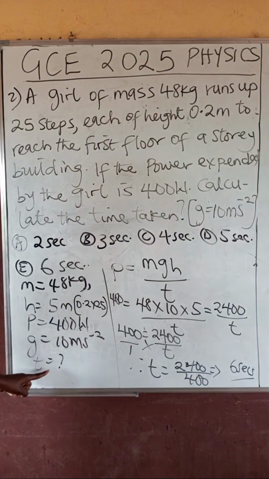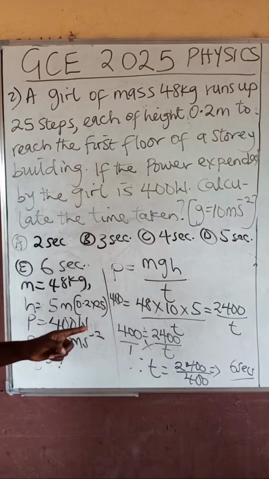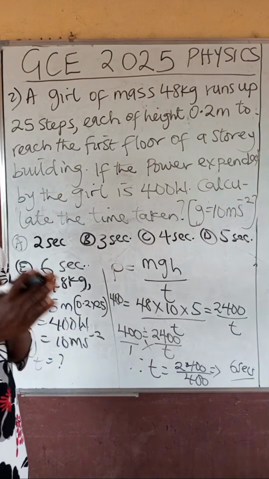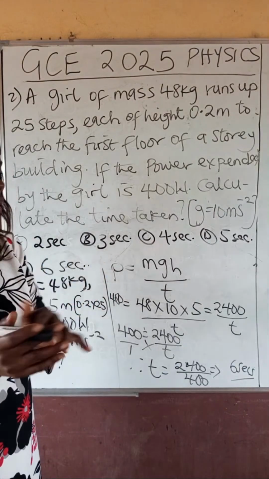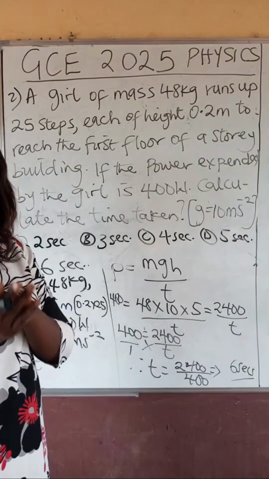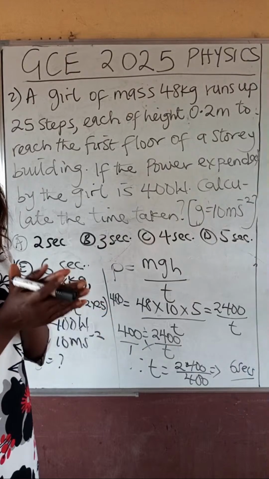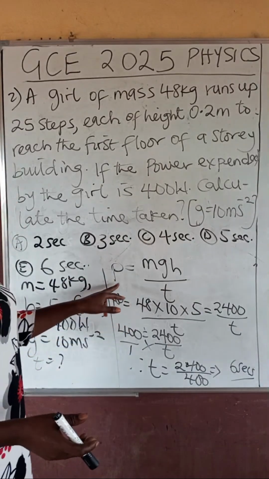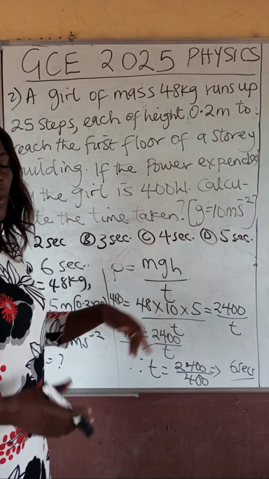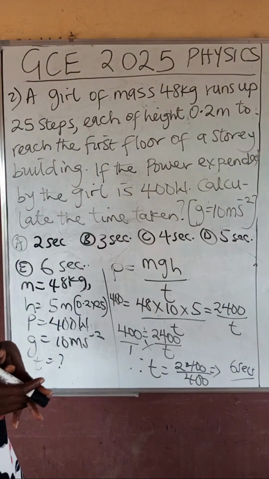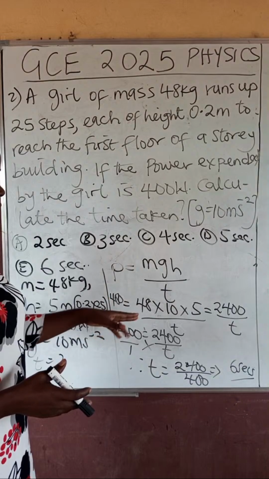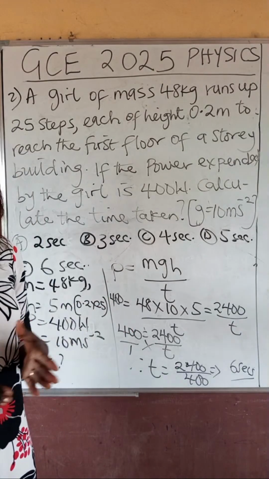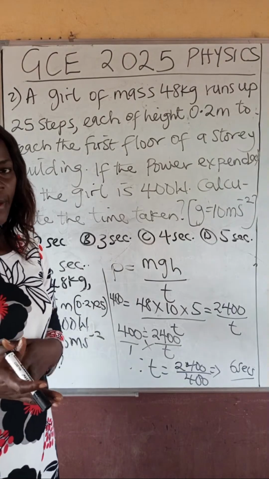We are asked to calculate the time. Power is time rate of doing work, and work is force times distance. So power P is equal to mgh over T. By the time you substitute our values, we got our answer to be 6 seconds. I hope that is clear, right?